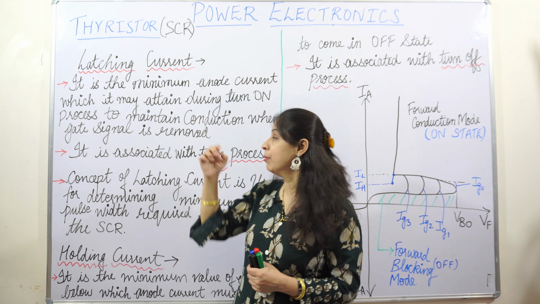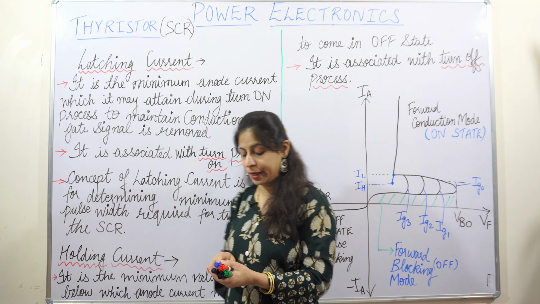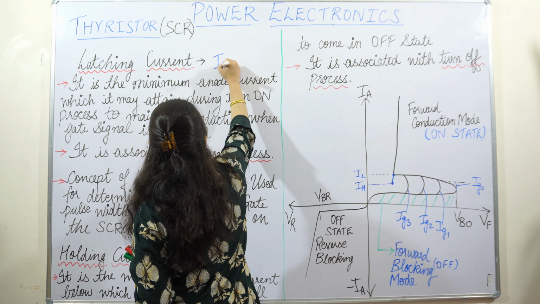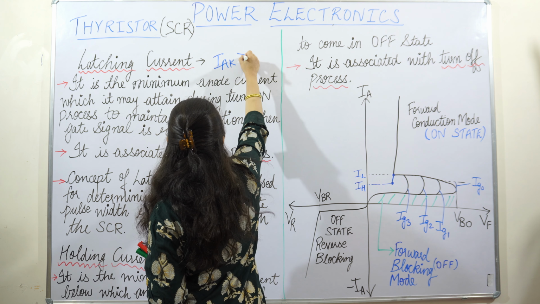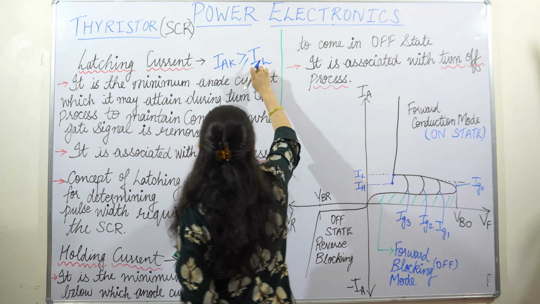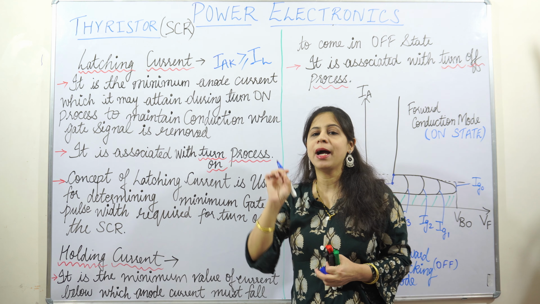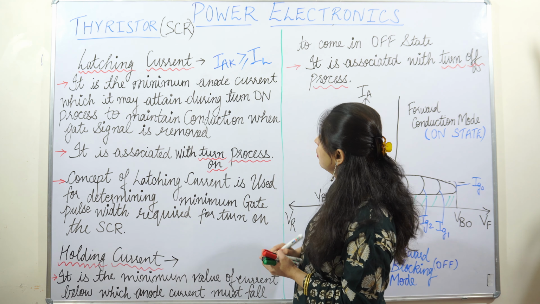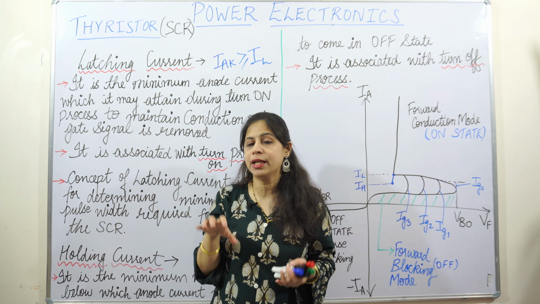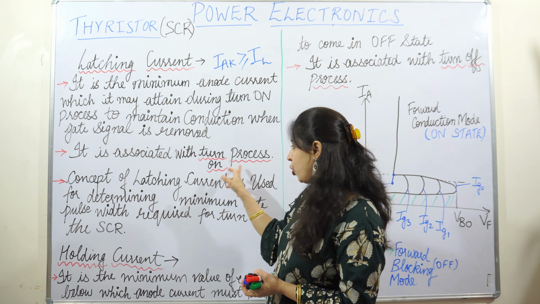So we can write over here I_A (anode current) should be greater than or equal to I_L. Okay, it is that minimum anode to cathode current, which could maintain the conduction even when the gate signal is removed. Okay, so it is associated with the turn on process.